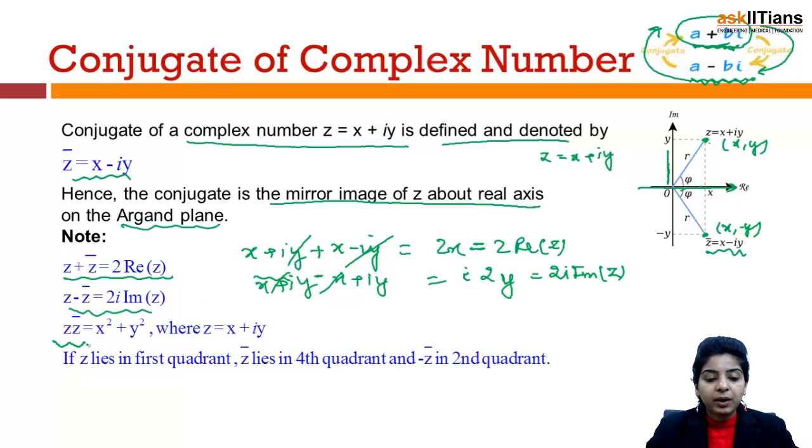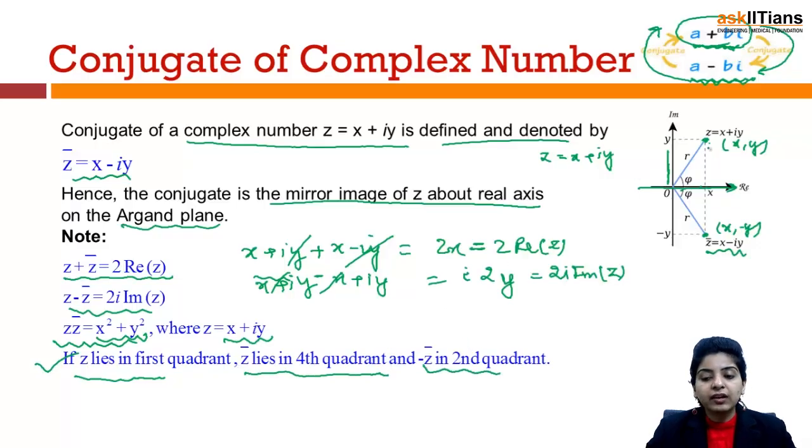Then we have z into z bar is x square plus y square, where z is x plus iy. You can solve out this property also. You can take your z to be x plus iy and then try and multiply z into z bar, and you will get it like this. That will become x square plus y square. Now next says, if z lies in the first quadrant, z bar lies in the fourth quadrant, and minus of z bar in the second quadrant.